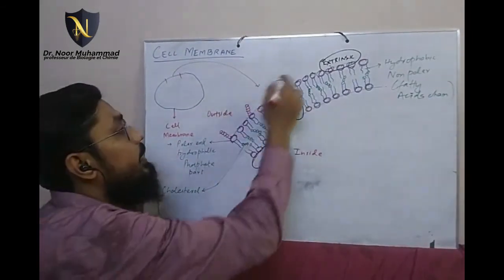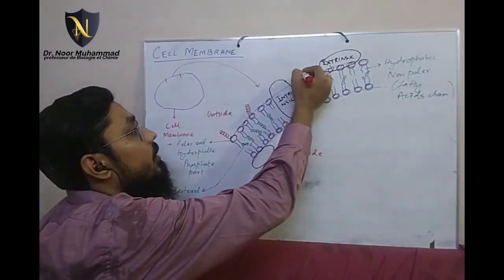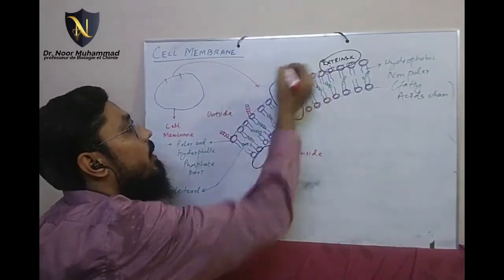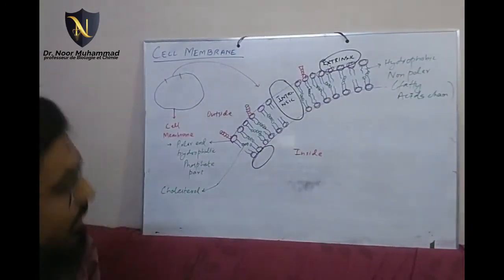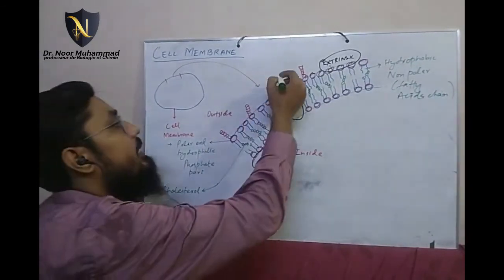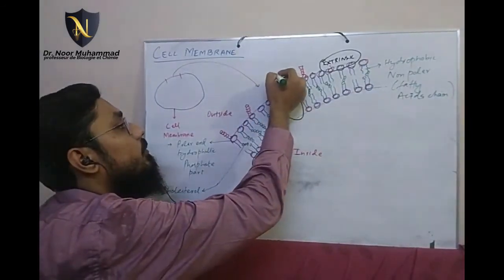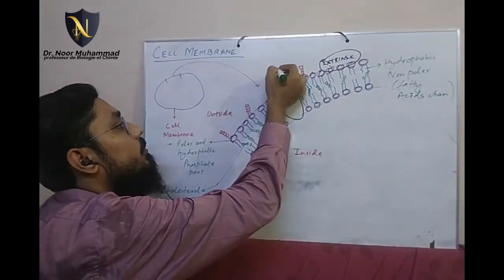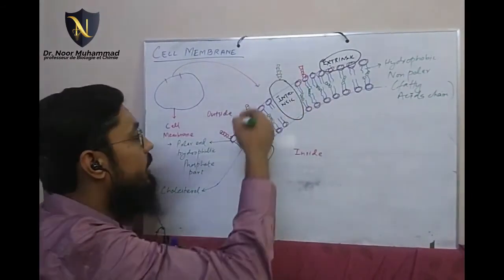One is the type जो कि इस तरह से attach है to the lipid molecule. The other type is not attached to lipid. The other type is attached like this here. Again on the outer side.